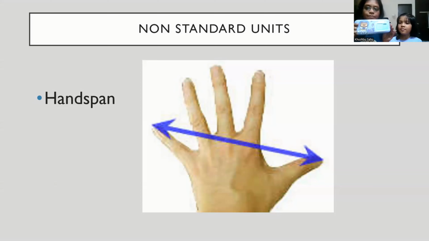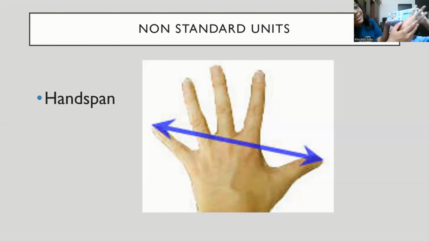Okay, this is a pencil box. What is the length of this pencil box? It's almost one hand span for me. You can see that, right? One hand span for me. And let me check it for Advika. It is more than one hand span.